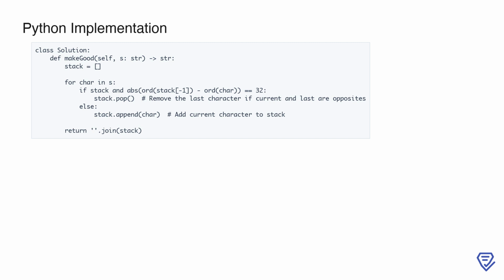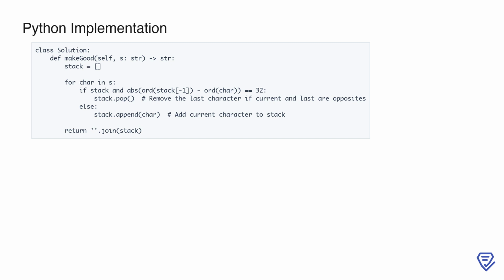If the conditions for a conflicting pair are met, the top character in the stack is removed using stack.pop. Otherwise, the current character is added to the stack using stack.append(char). 4. Returning the result. After processing all characters, the stack contains the simplified string. The characters in the stack are joined together using ''.join(stack) to form the final solution.